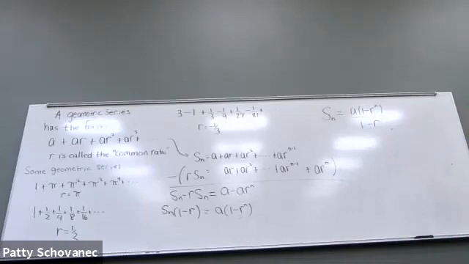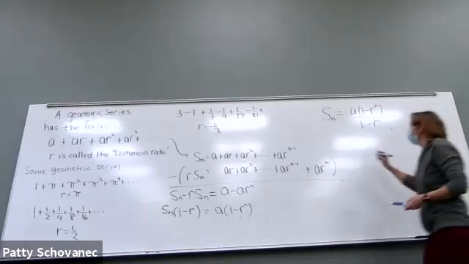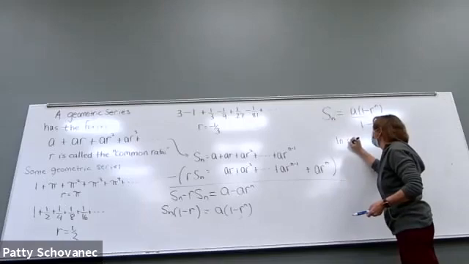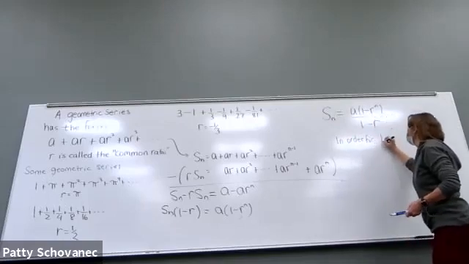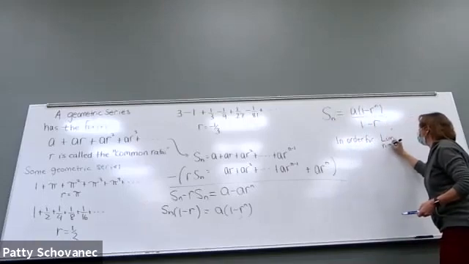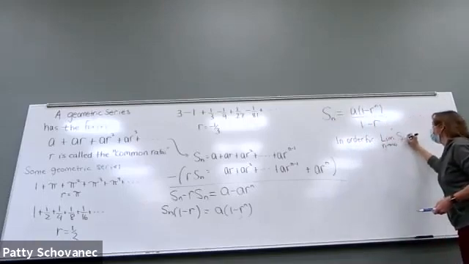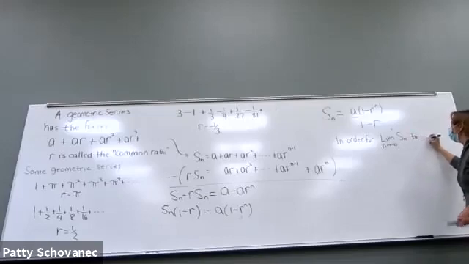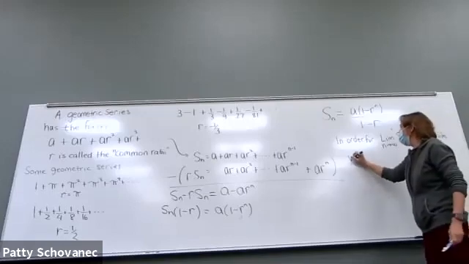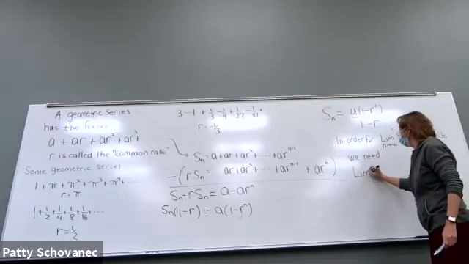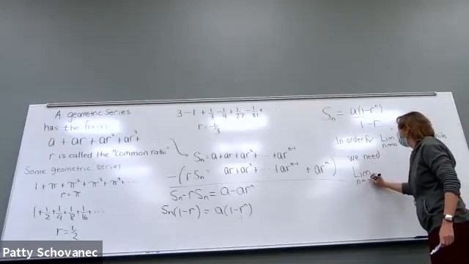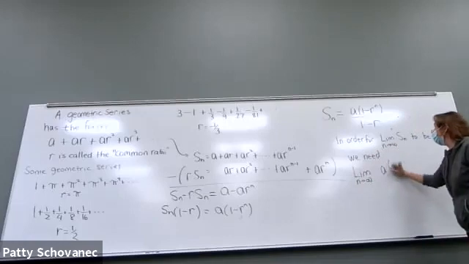Now I'm going to take the limit as n goes to infinity. So in order for the limit as n goes to infinity of Sn to be finite, we need this stuff on the right-hand side to have a finite limit.